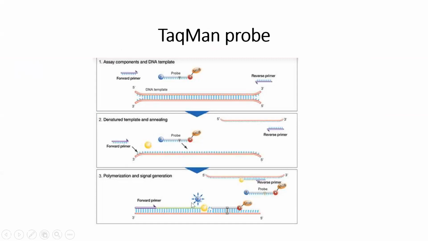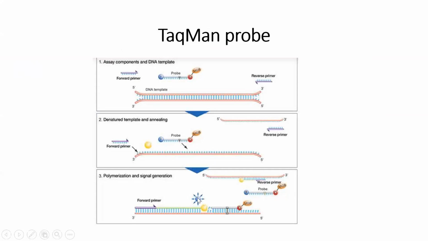Taq polymerase has a very specific characteristic, and that is that it has exonuclease activity. So the probe is here, hybridized, and the exonuclease activity of Taq polymerase will cleave this probe. By cleaving this probe, the fluorescent reporter and the quencher are separated from each other.